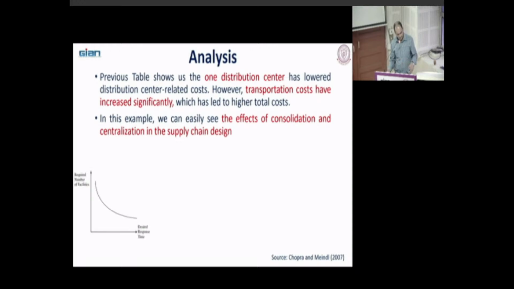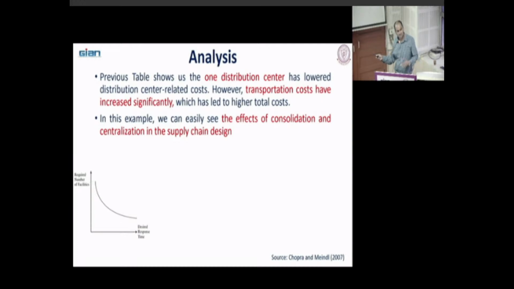So here you can see the trade-off between responsiveness and the facility cost and efficiency. On the x-axis we have response time. So if you want more responsiveness, what do you need? Multiple facilities. So you can see the more response time, it will come here. You need more facilities.